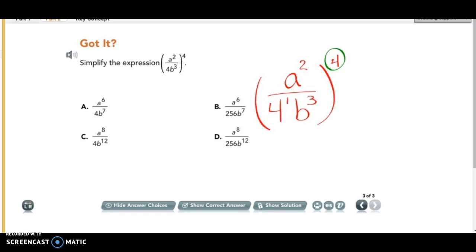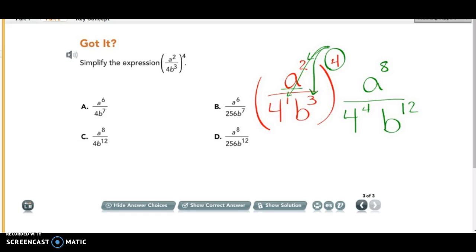The tough thing on this one is to make sure that you distribute that 4 to every single base. So we're looking at the bases, not the exponents. So I have a squared times 4, which is going to be a to the 8th. Then I'm going to take this 4 and multiply it by this 1 down here. So I have 4 to the 4th power. And then I'm going to have the base of b, and then I have 3 times 4, which is 12.